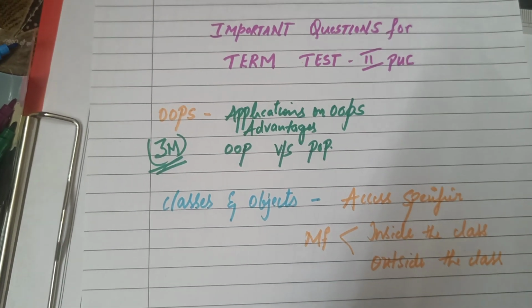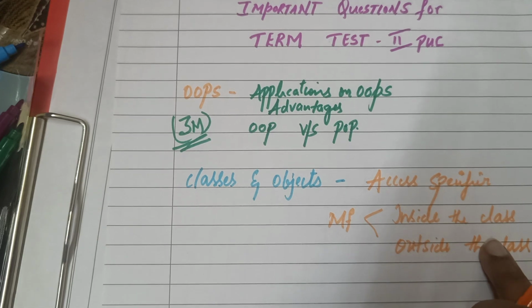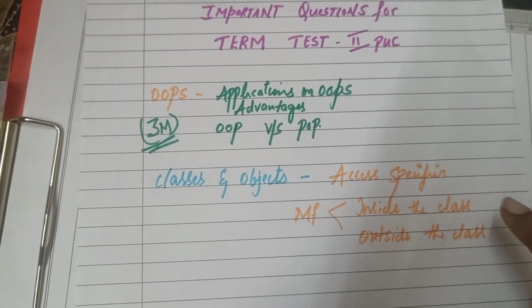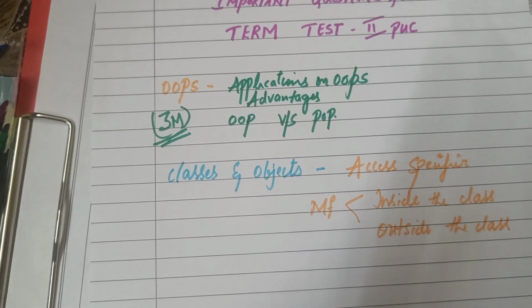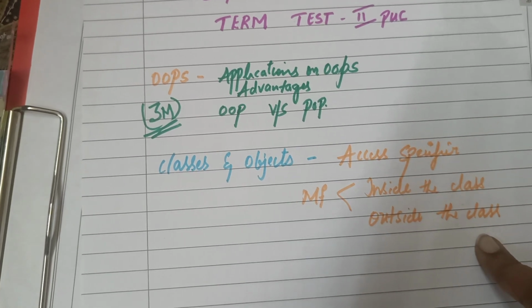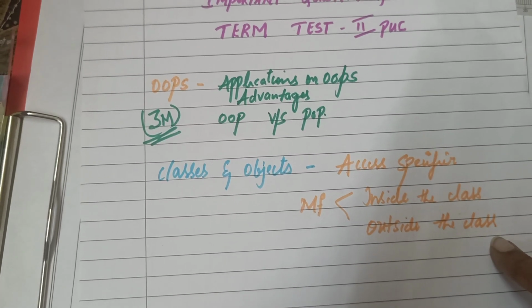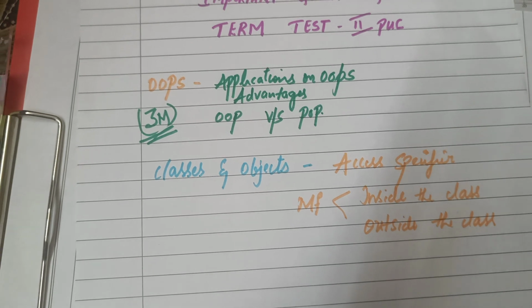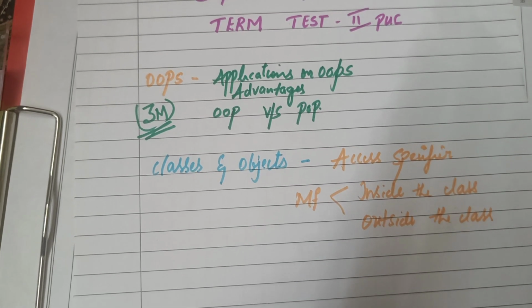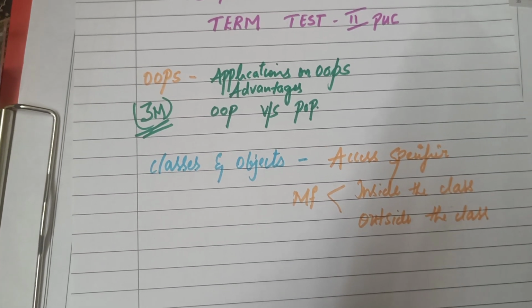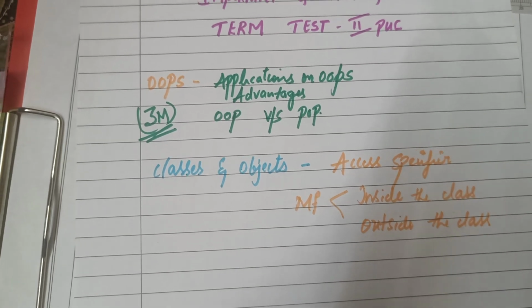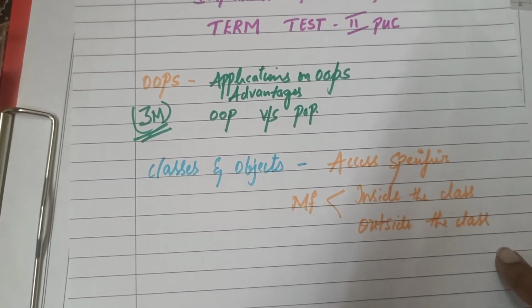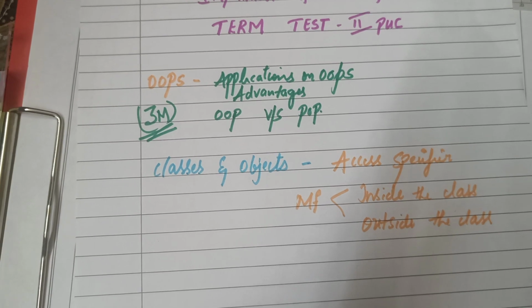Students, please observe: for inside the class definition you have to write the definition, syntax and one example, and for outside the class definition you also have to write the definition, syntax and example. Sometimes they ask to write an example program for inside and outside the class definition, that is, an example for both. Then you can write one program combining both.